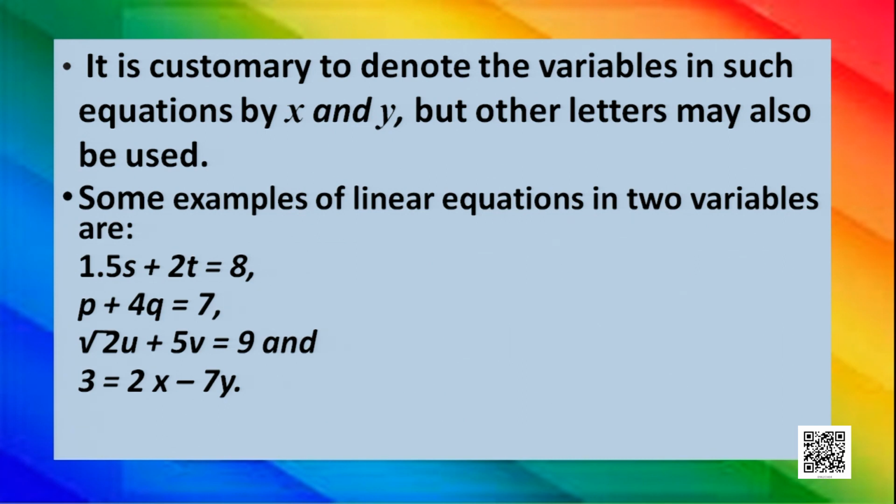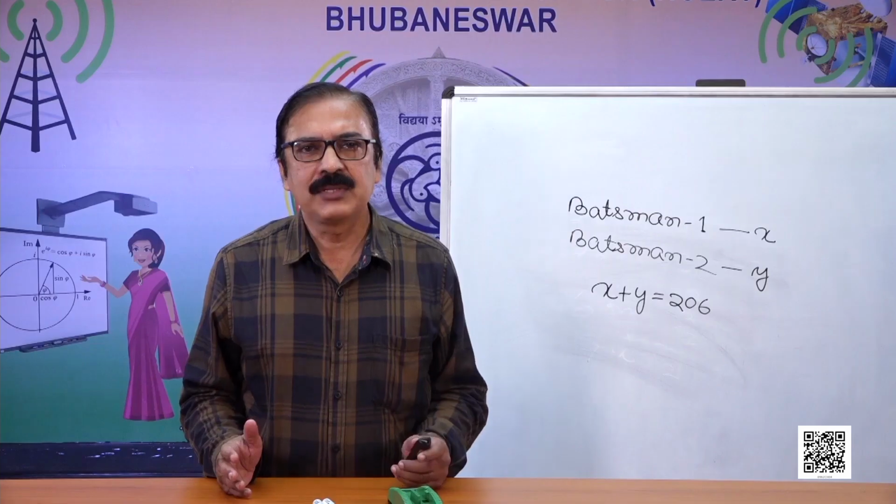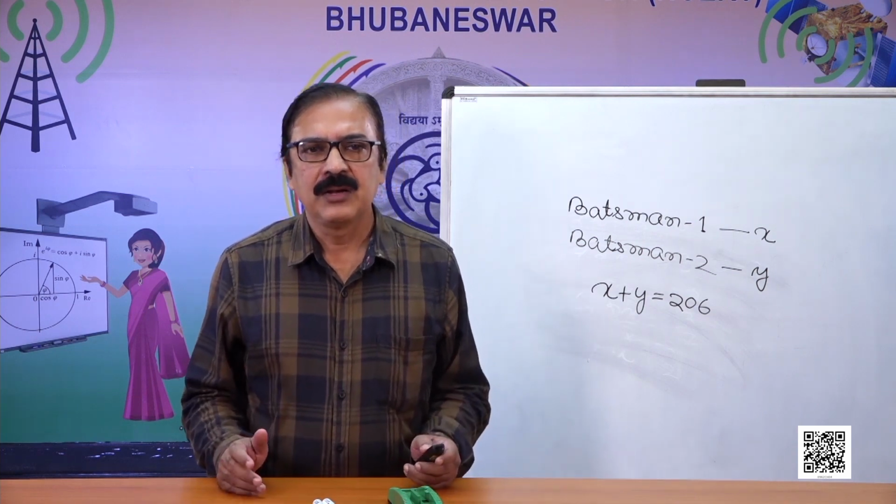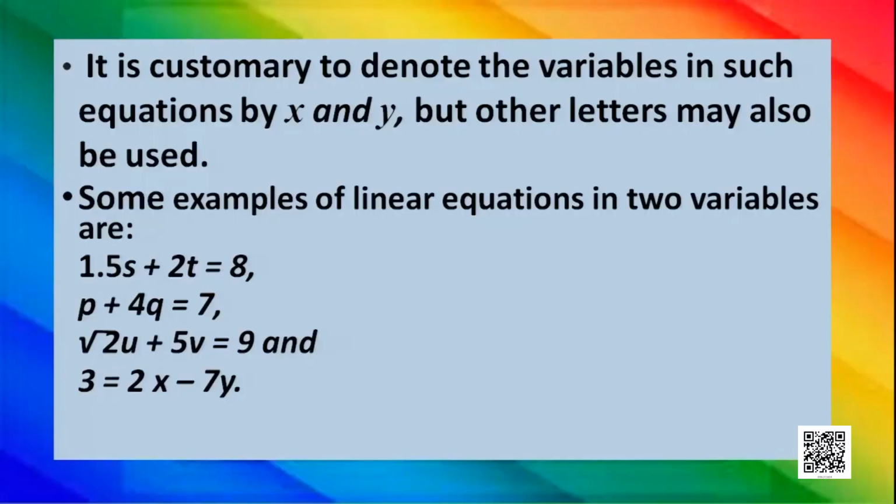And in all those cases, the variable parts are on the left side of the equation. Now see, the last equation we can also write in this way, where the constant is to the left and the variable part is to the right of the equal sign. Okay. So here we have four examples of linear equations.